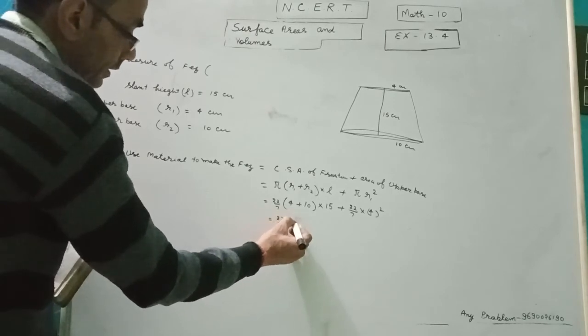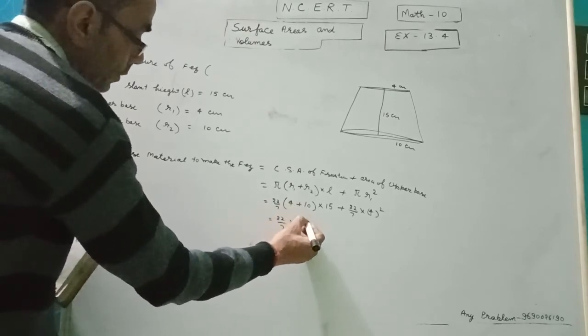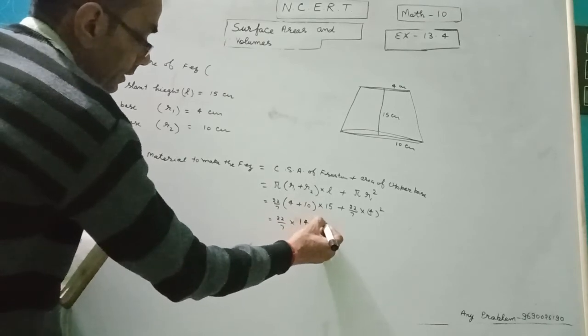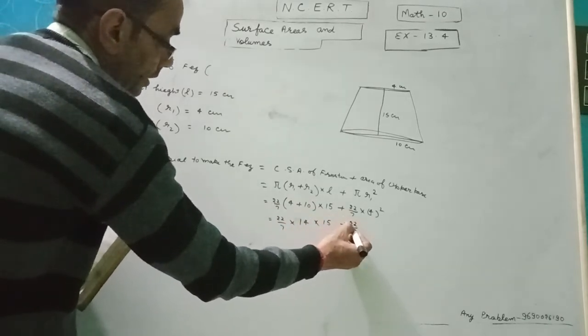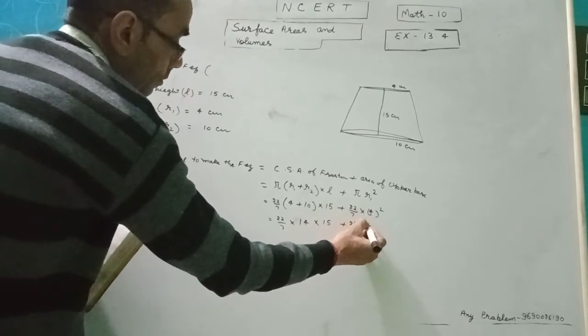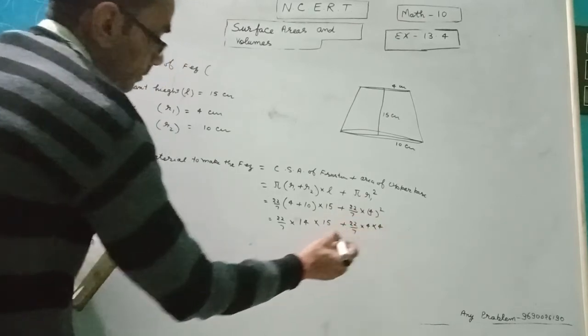22/7 into 4 plus 10, that is 14, into 15, plus 22/7 into 4 into 4.